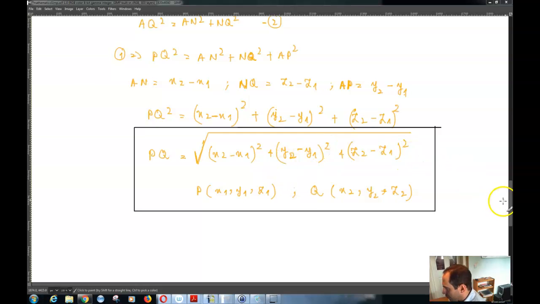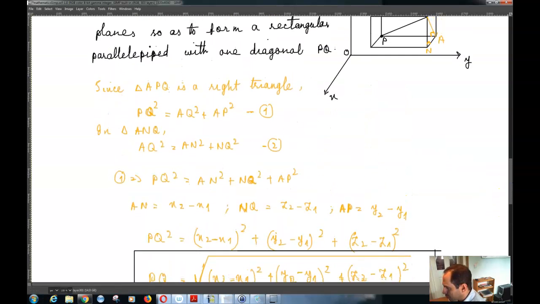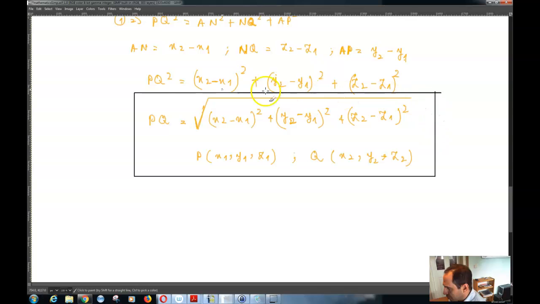And if you compare this equation to the distance formula that we had before for two-dimensional space, it was x2 minus x1 whole squared plus y2 minus y1 whole squared.